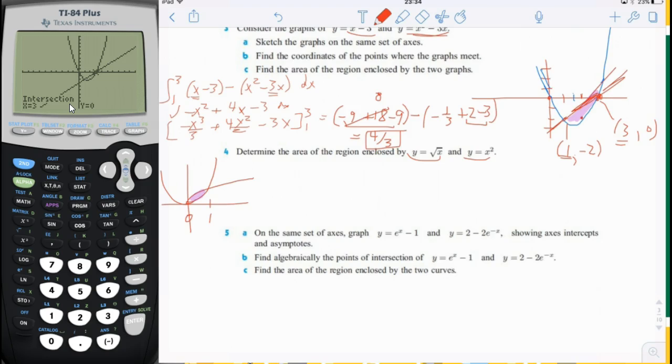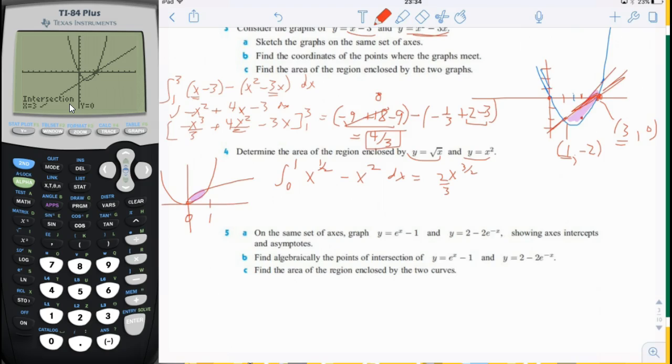So we're going to take the integral from 0 to 1 of the square root of x minus the x squared function. So first we're going to take the integral of that. Remember that square root of x is the same thing as x to the 1/2. So when we take the integral of x to the 1/2, it's just x to the 3/2 times 1 over 3/2, which is 2/3.